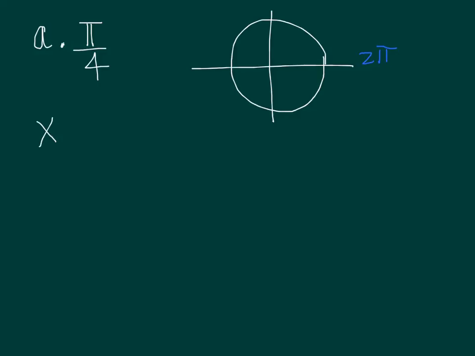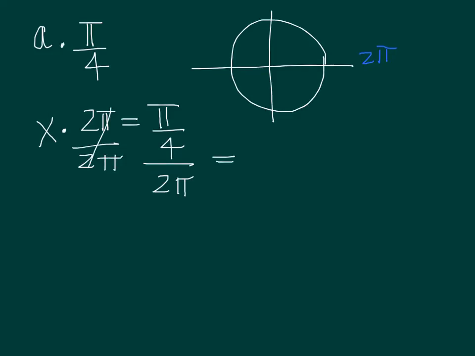What fraction, I'm going to call it x, of 2 pi is equal to pi over 4? So I'm going to divide by 2 pi. If you don't like dividing fractions, you can multiply by the reciprocal, and that will give you 1/8.